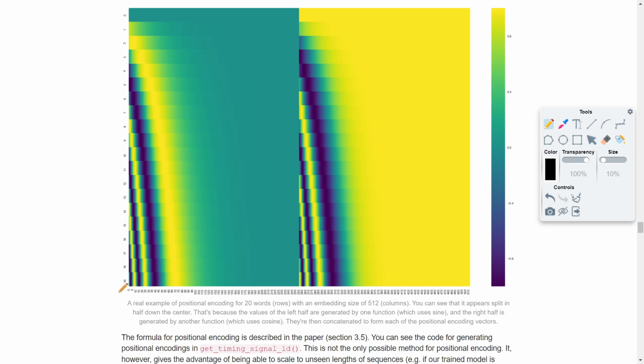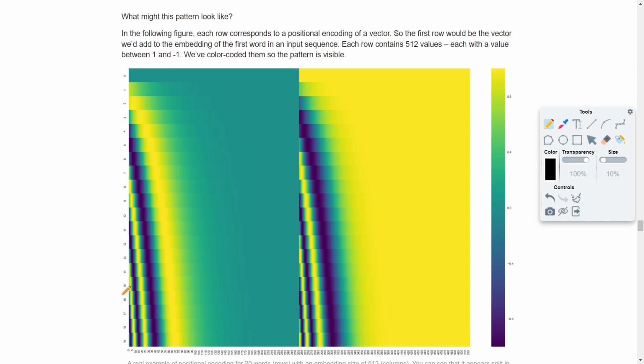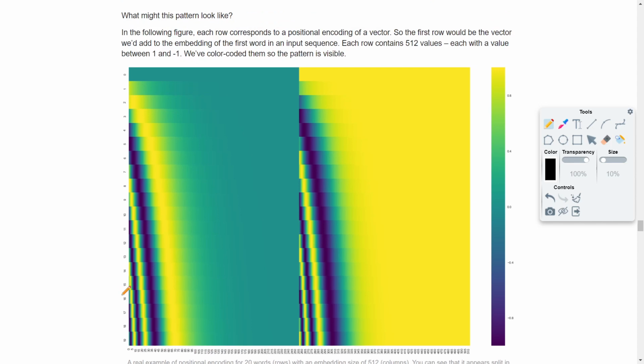So each of these rows has around 512 values, and we have around 20 rows.